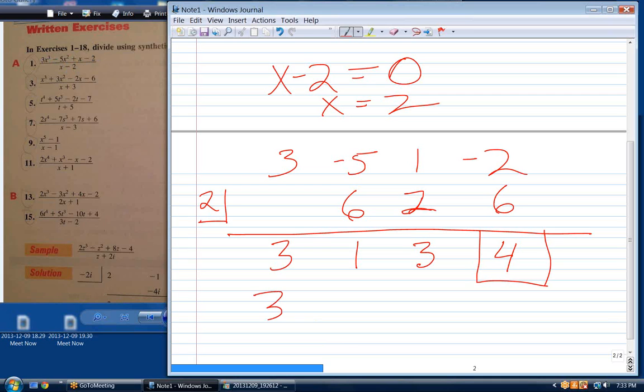So this answer is 3x squared plus x plus 3 with a remainder of 4 divided by our divisor, x minus 2. So really that is the answer.